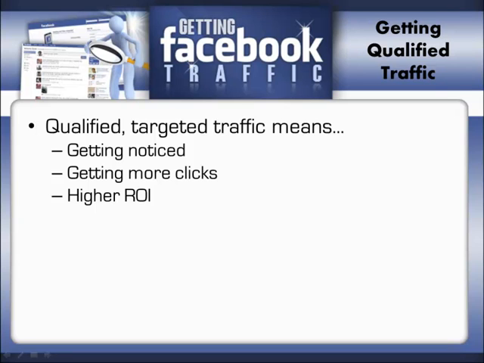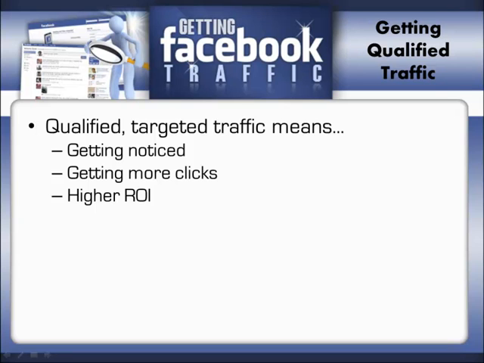Since the people that are seeing your ad are on Facebook, since they are already in a category of being interested in the product or service that you're offering, then there's a greater opportunity that they're going to check it out. And how do they do that? They click on the ad and they come to your landing page.